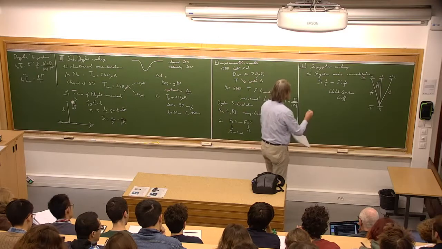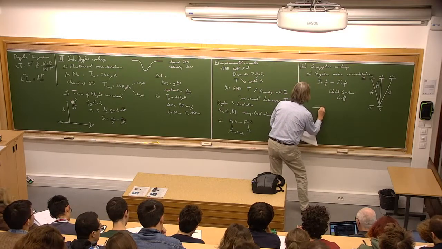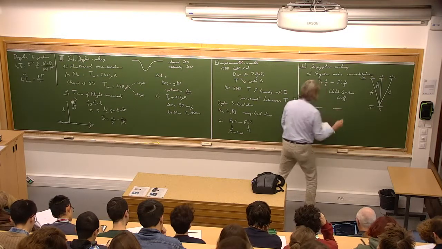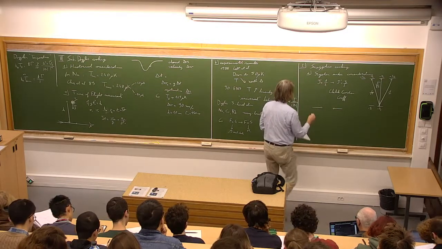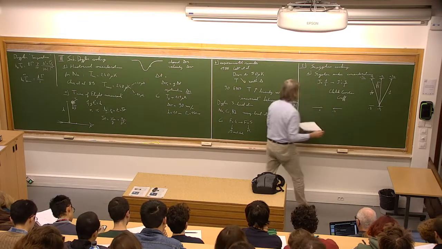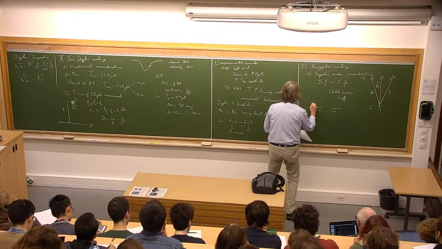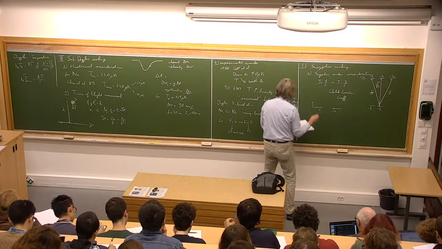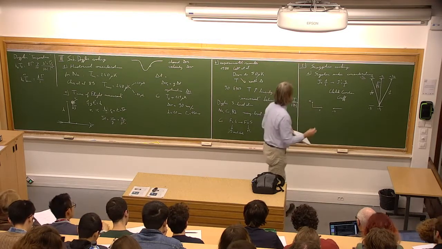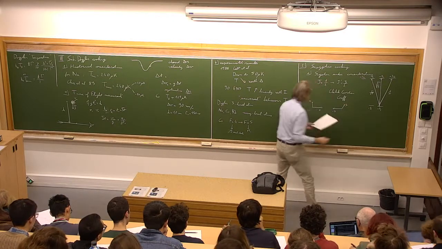Okay. And so this is the atom, and the light field is just a 1D configuration with 2 opposite beams, one propagating in the plus z direction and the other one in the minus z direction. This one is x polarized, and this one is y polarized.